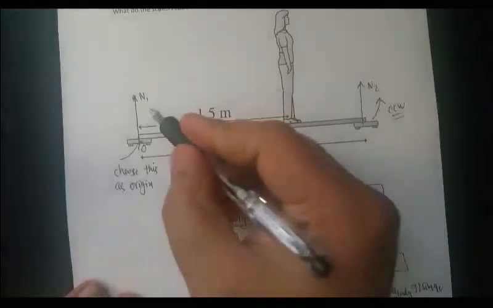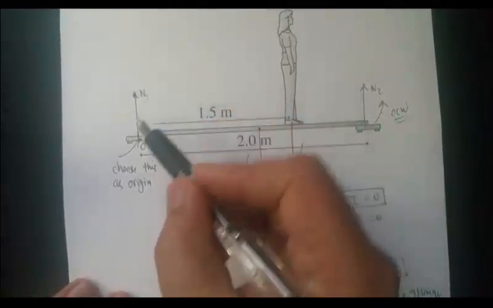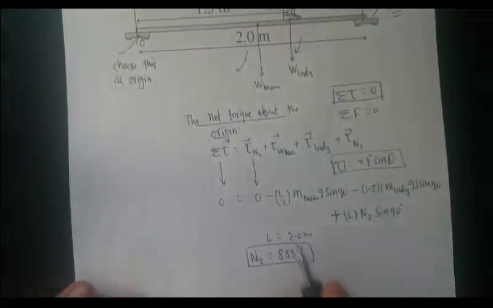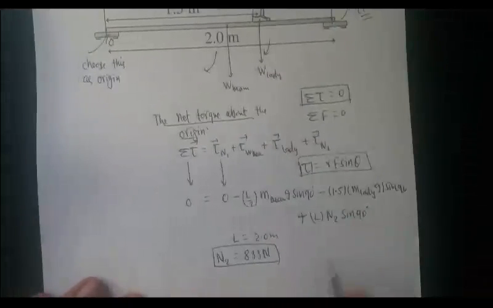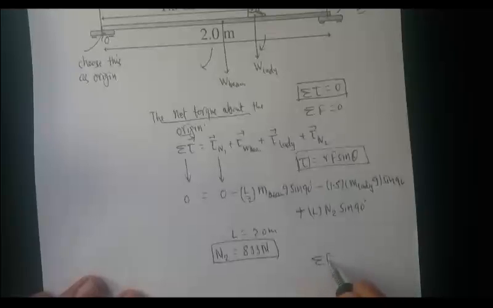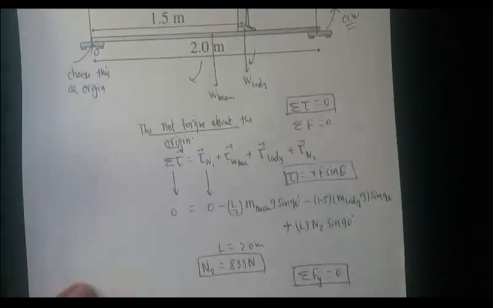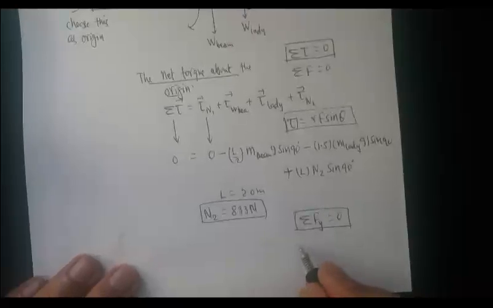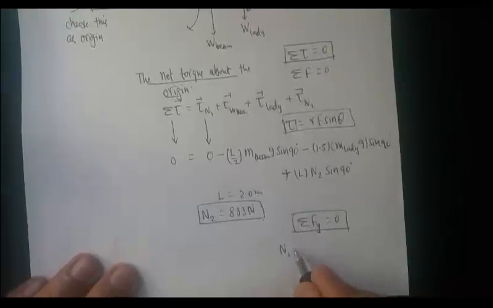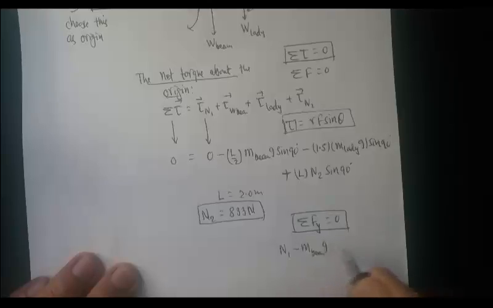Now we still need to find N1, which is the first mass scale reading. And how do you find that? We're going to use the second static equilibrium condition, which is the net force. So the net force in the y direction is 0. So you have N1 in the y direction, minus mass of the beam times gravity, minus mass of the lady times gravity, plus N2.